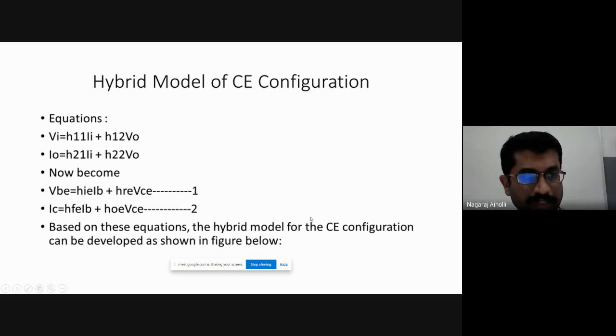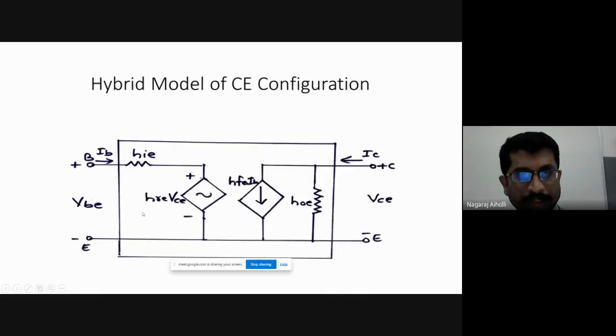Substituting into the fundamental equations, we get VBE is equal to H11, which is Hi, but for common emitter it will be Hie. H12 is Hr, for common emitter it is Hre, then H21 is Hf, for common emitter it is Hfe. Like that we get IC is equal to Hfe IB plus Hoe VCE. Again, based on these two equations, the first one KVL and the second KCL, the hybrid model of the common emitter configuration is drawn.